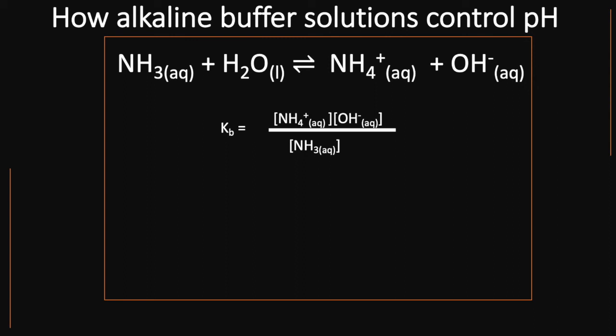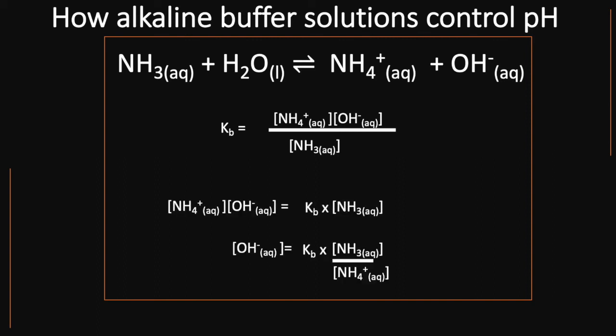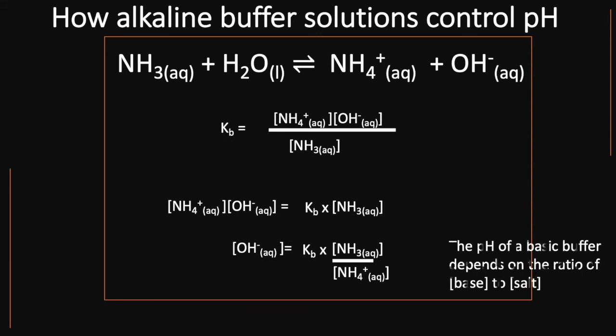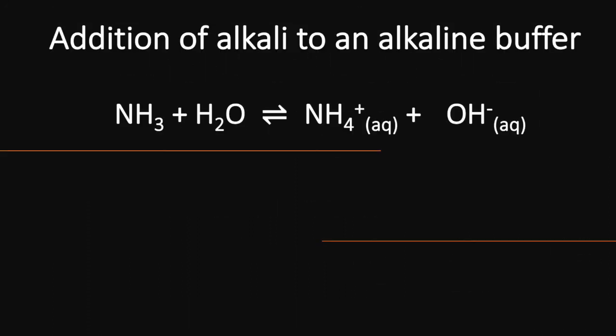And of course the ammonium ions have been added in using a salt like ammonium chloride. We can rearrange this to give us the concentration of hydroxide ions, and we can see that the pH, which is of course related to the concentration of hydroxide ions, will be dependent on the ratio of the base to the salt.